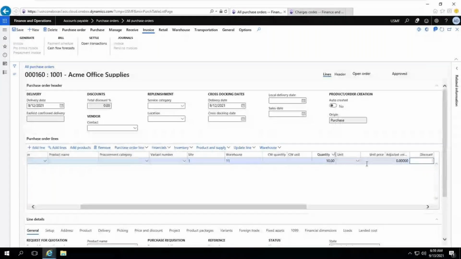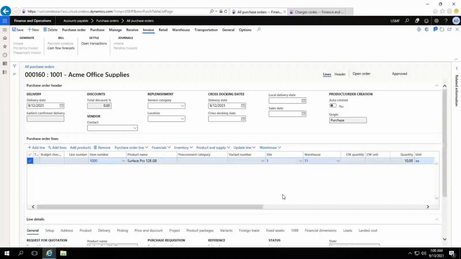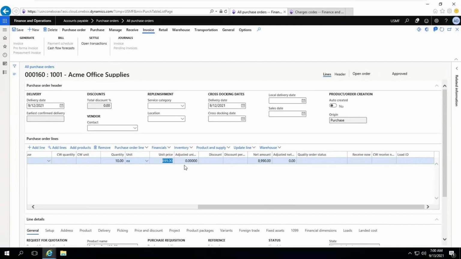Now I will change it to 1000, so that it will be 10,000. Next I'm adding another line.